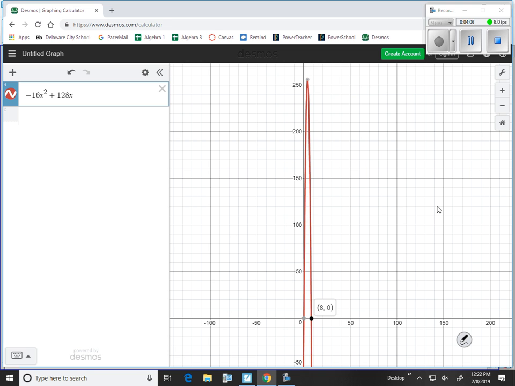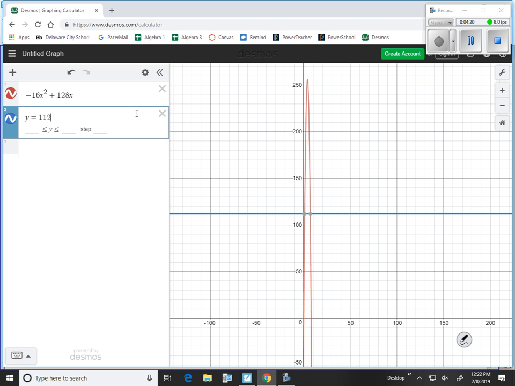B, after how many seconds will the rocket be 112 feet above the ground? That's a little tougher to find. There's a couple options. You can say y equals 112, and it'll draw a line across your graph, and you can see where it hits 112.